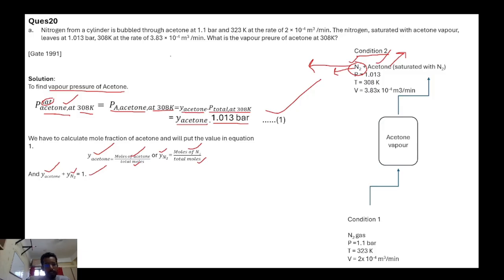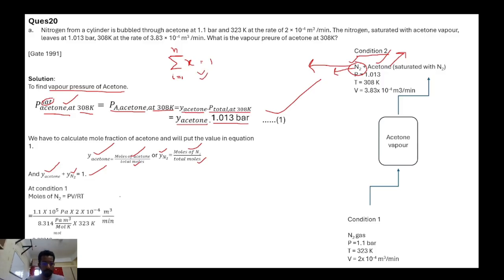The summation of mole fractions over all components, from 1 to n, is always equal to 1. We know that very well.